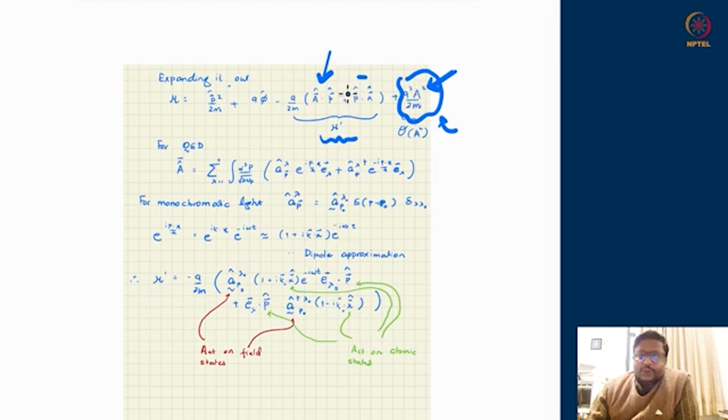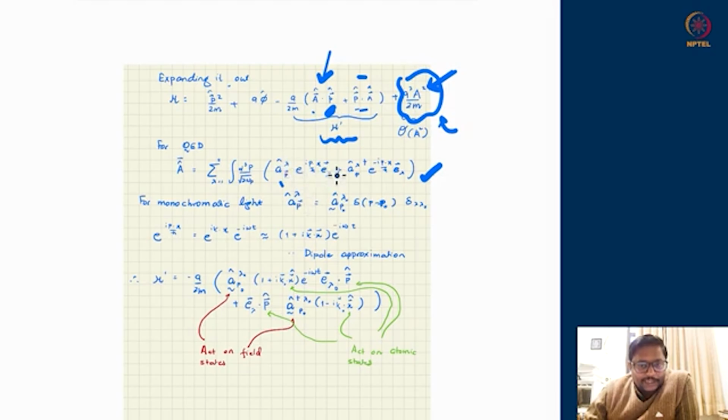And next, I know how to write the quantum operator p for quantum particles. Its representation is iota h-bar del by del x in position space. And I know how to write the operator A in quantum electrodynamics, which we have just done. We know how to write down the vector potential. Vector potential is written in terms of operators, which come with not only the knowledge of the momentum, but also the polarization vector.